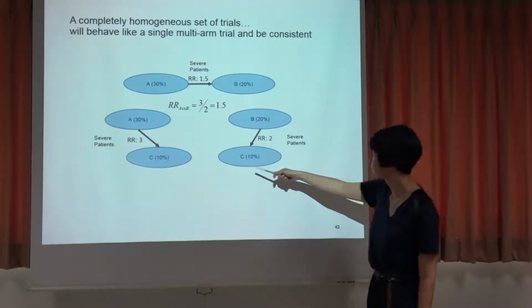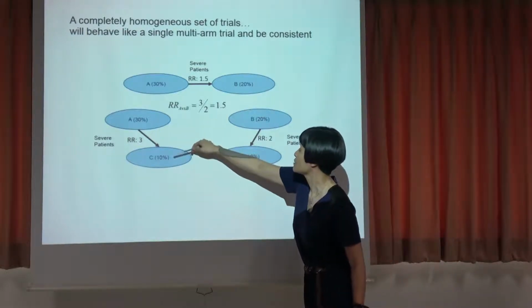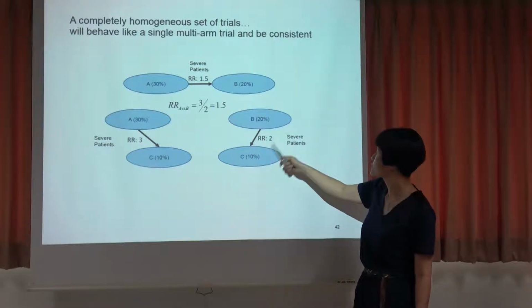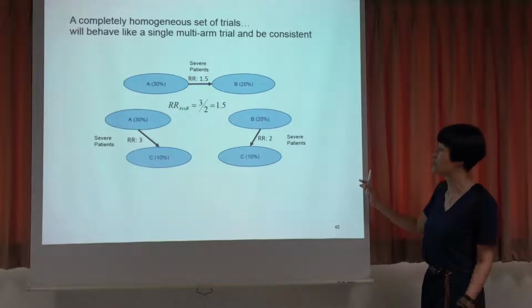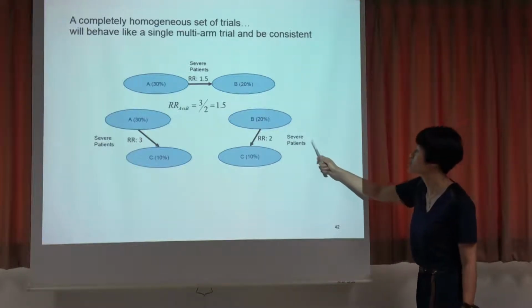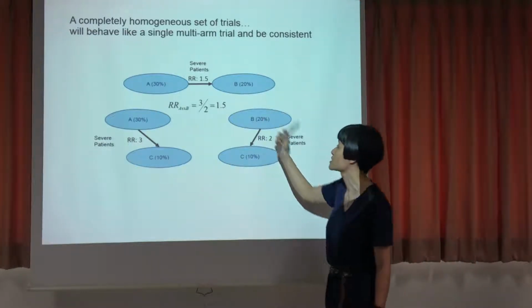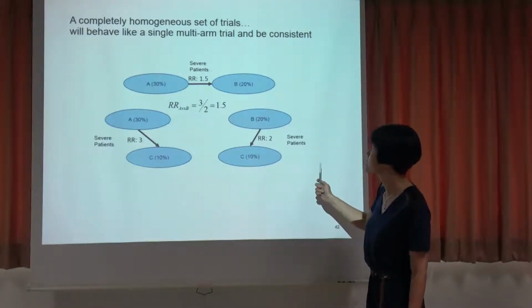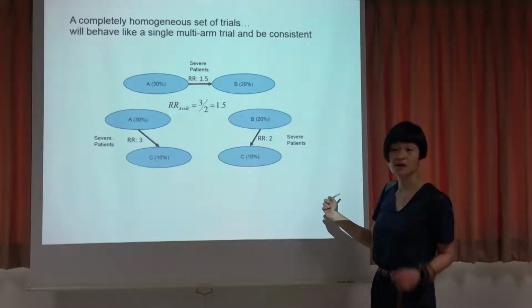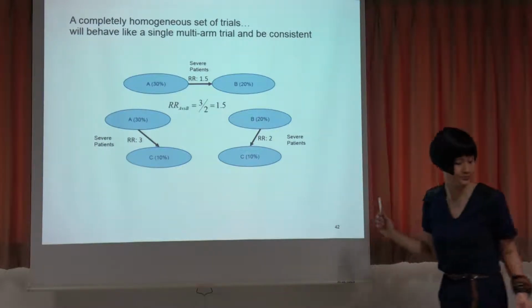So again, here the relative risk here over the relative risk here gives you 1.5. So this is inconsistent if the trials are consistent. So if all these trials are looking at severe patients, there is no heterogeneity across these trials, then the assumption of consistency should hold.